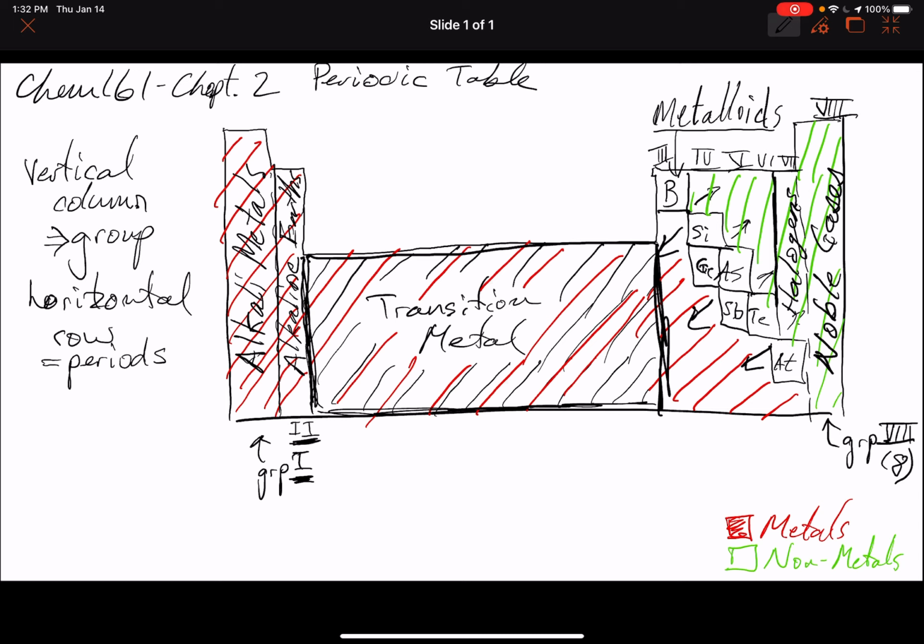I'll add that in parentheses. But you see the word earths is important to distinguish it from group 1. So the alkaline earths, or the alkaline earth metals, is the second column, the second group in the periodic table.